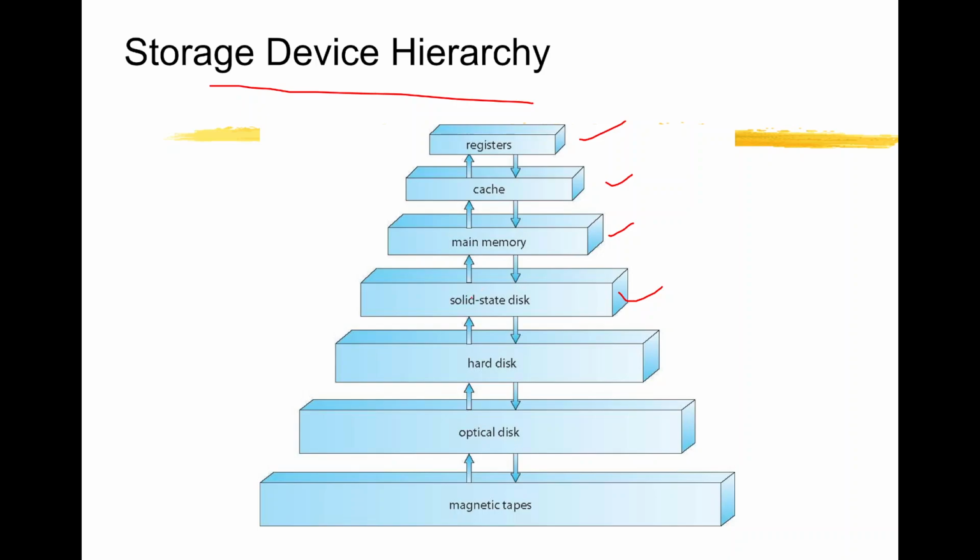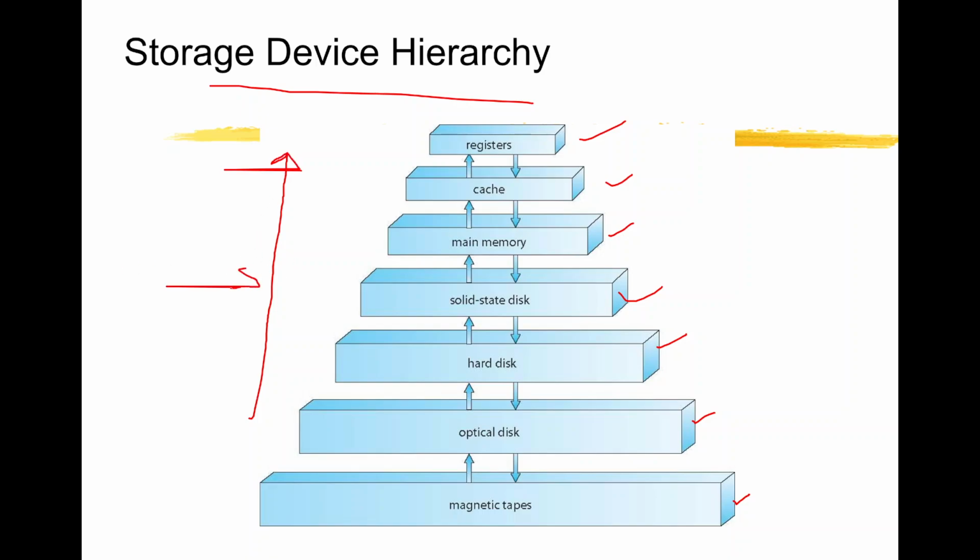That's why SSDs are much faster than the regular hard drive. You have your hard drive, you have the optical disk, and then you have your magnetic tapes. These were used much in the older days, but they are still sometimes used to store long-term data. So in terms of speed, as we go up, it is faster.